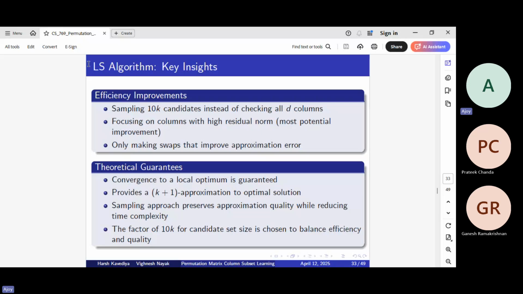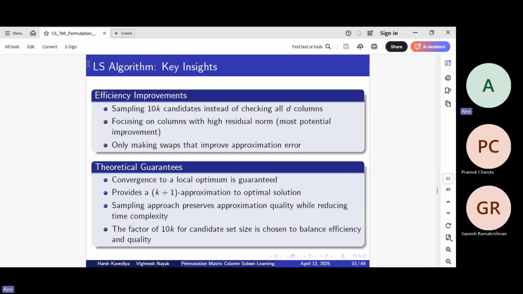So if K is 5, you will swap it with around 50 different columns, sampled with the residual error proportional distribution. K is the number of columns that you want to select. So instead of using the entire D number of columns, you are just swapping with 10K columns and checking whether it's better or not.